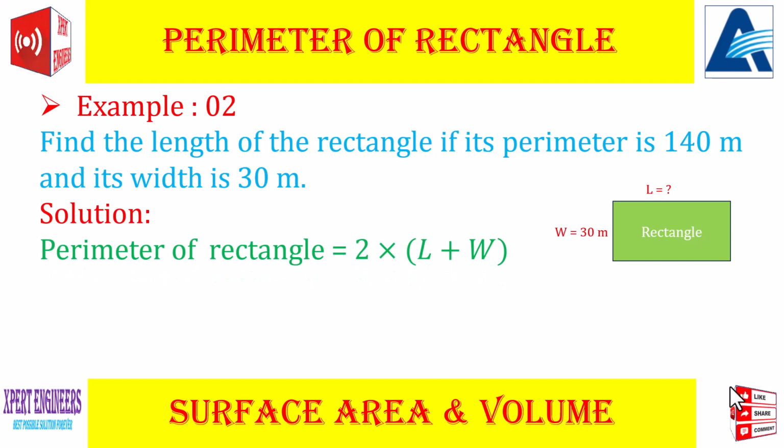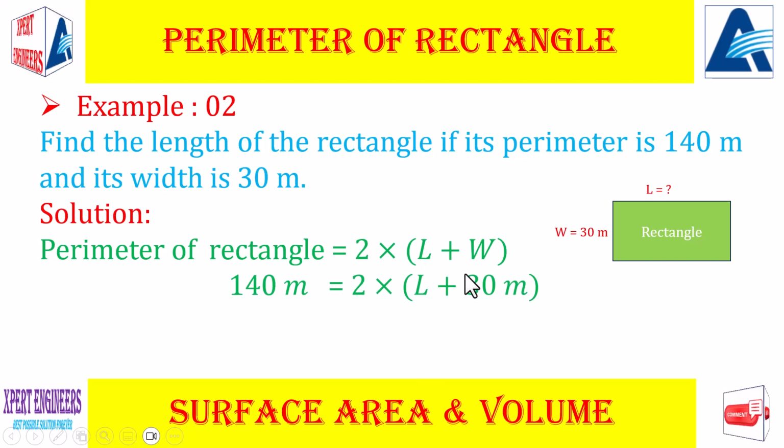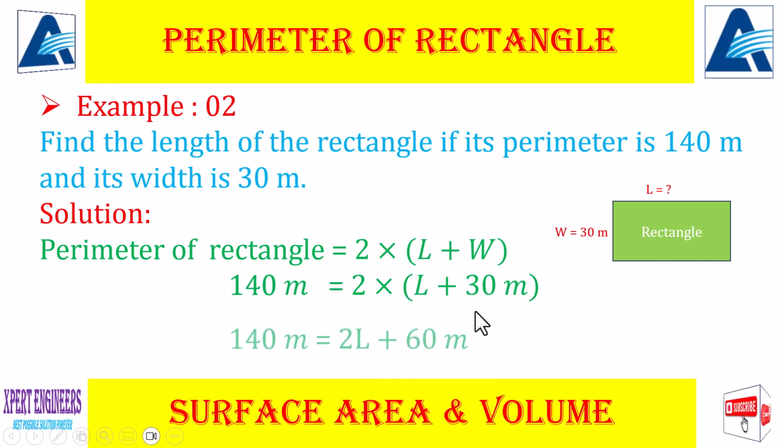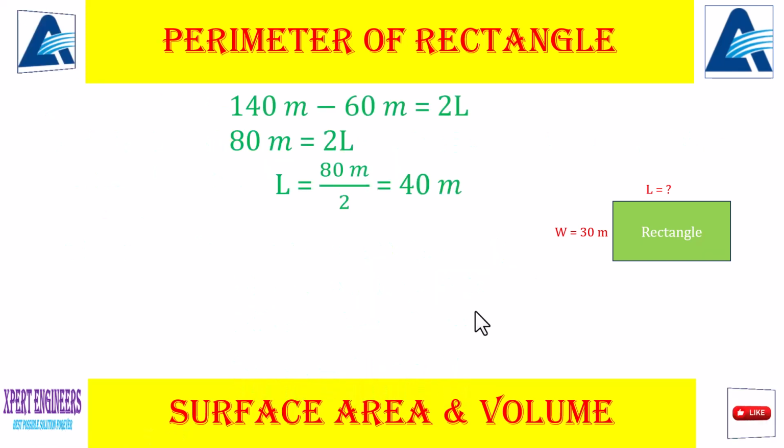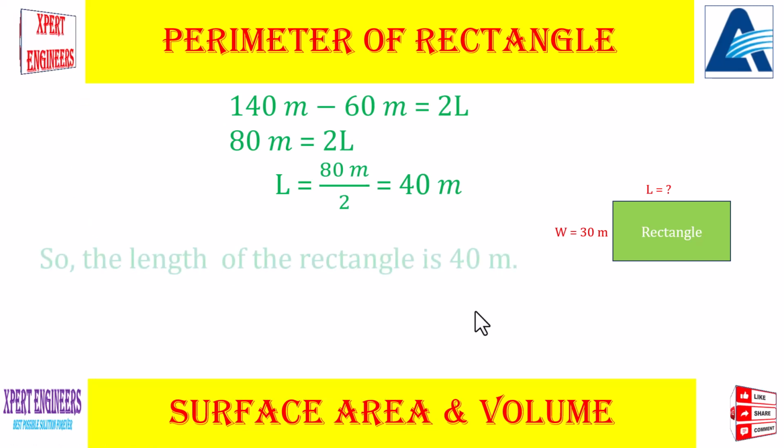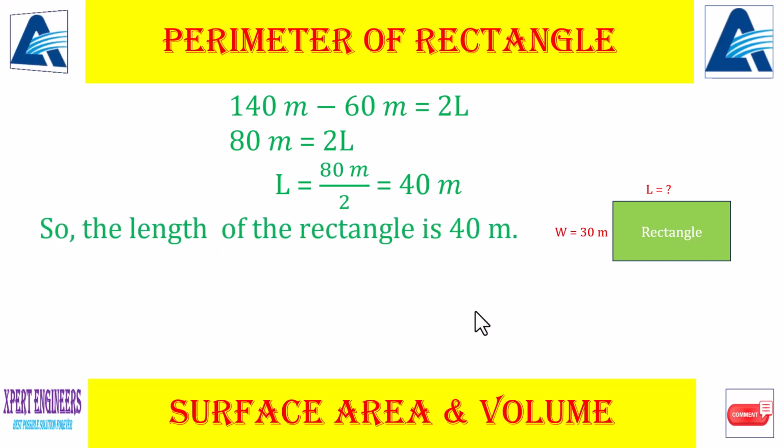As we know that perimeter of rectangle is equal to 2 into (length plus width), in this case we have to find the length. So by putting the values, we get 140 meters is equal to 2 into (length plus 30 meters). By solving this, we get length of rectangle is equal to 40 meters. So the length of rectangle is 40 meters.